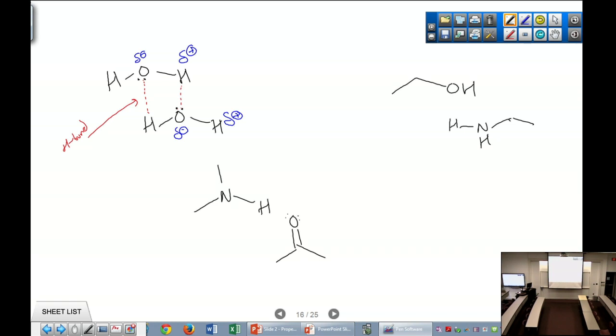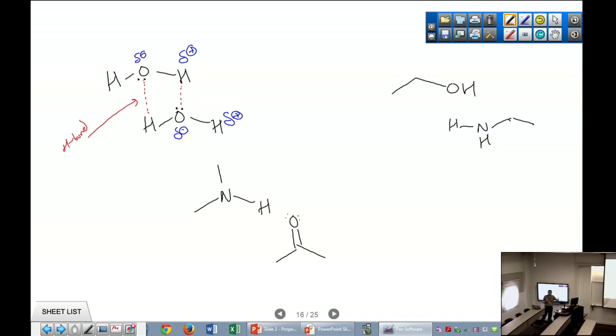This hydrogen is looking for electrons. It's like, come on, where's some electrons? And it sees another oxygen with a lone pair there, and it's like, oh, there's totally electrons there, I'm going for it. And it goes over there and makes a bond, and that's your hydrogen bond.